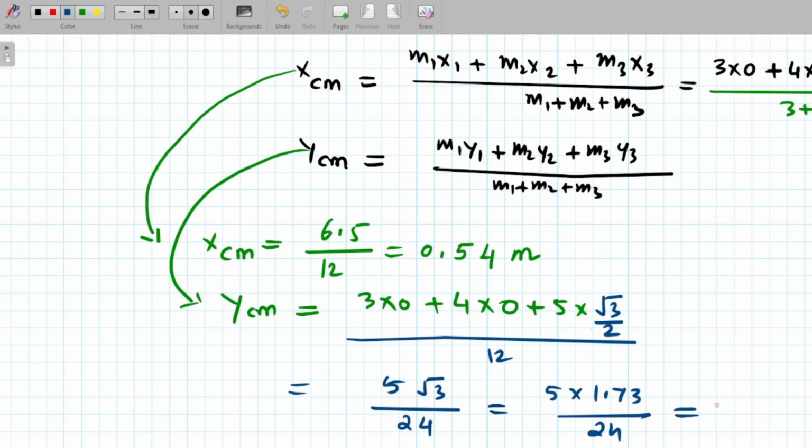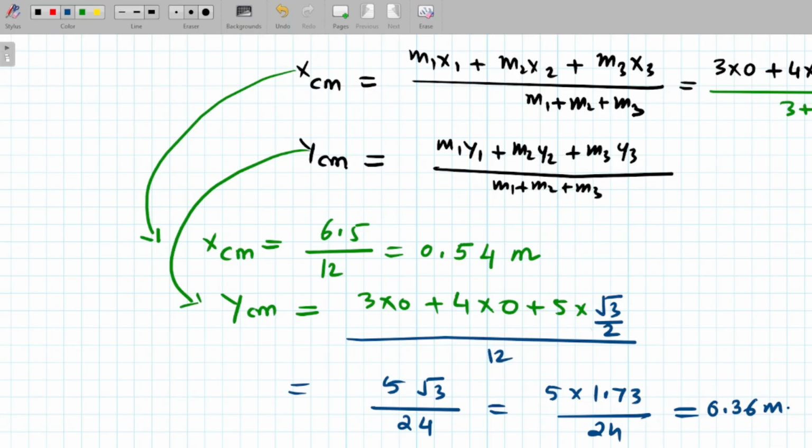Okay. Can you tell me what will be your answer? I'll simply put the value. Your answer would be 0.36 meter. You can just multiply it and divide by 24.